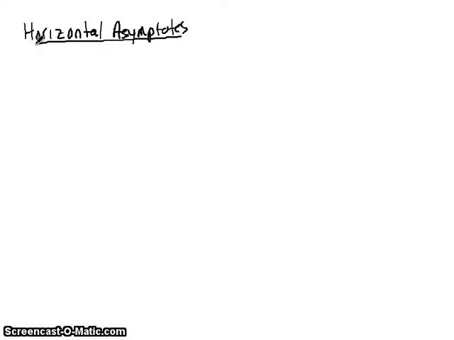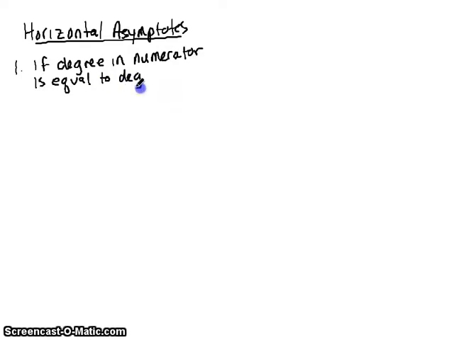And those rules are, if the degree in your numerator is equal to the degree in your denominator, your horizontal asymptote is equal to the ratio of your leading coefficients.